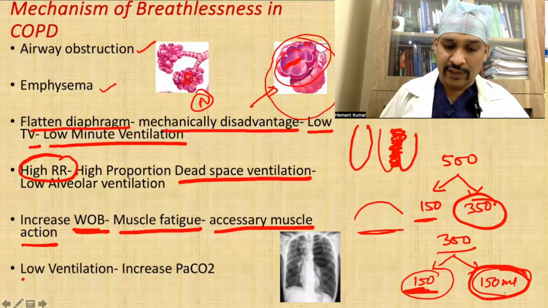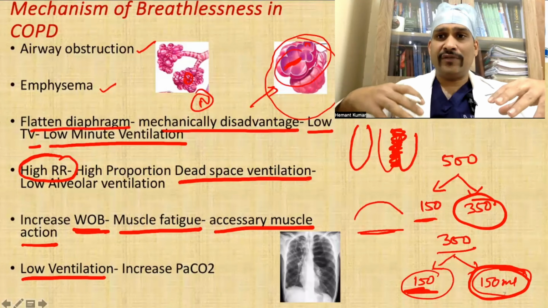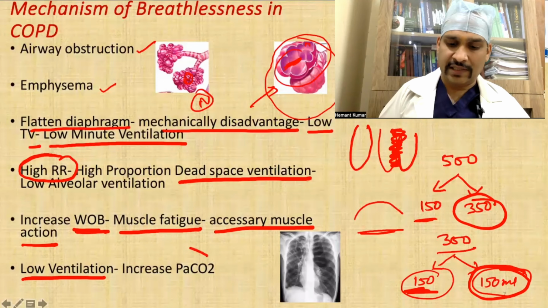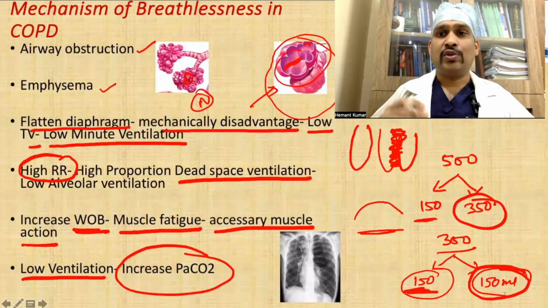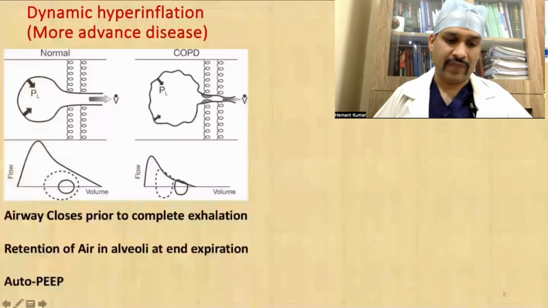It will reduce the ventilation, and the patient is not able to get enough oxygen and is not able to expel the carbon dioxide. What will happen? There is an increase in PCO2. So remember, in COPD, because of low tidal volume ventilation, the patient is not able to remove the carbon dioxide from the mixed unit blood. That will cause type 2 respiratory failure.